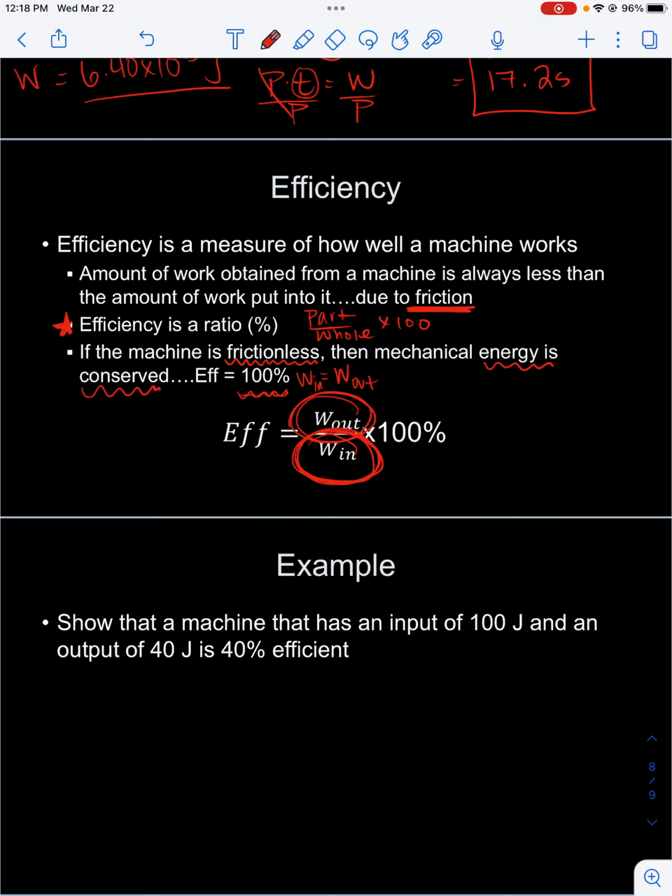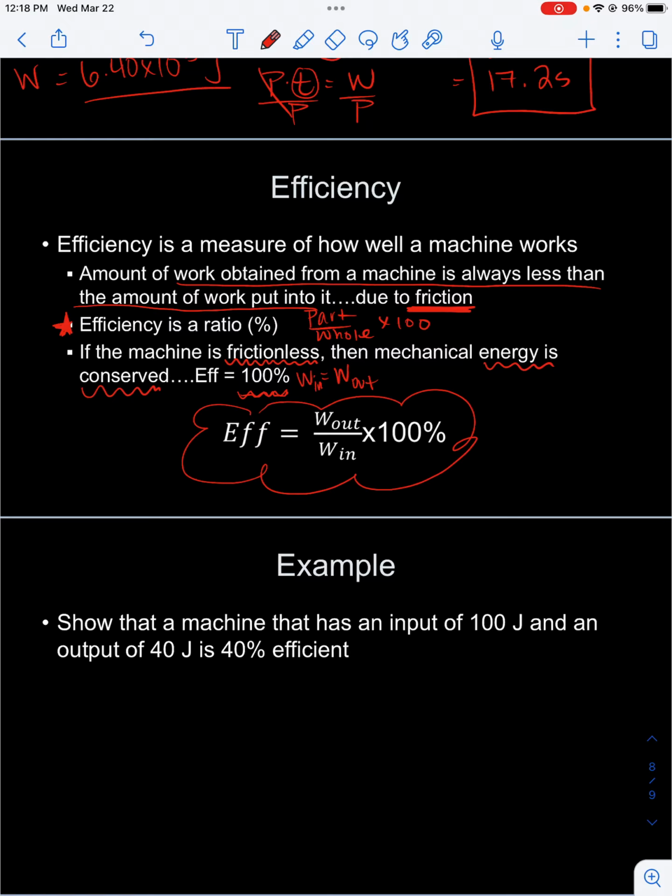The part is going to be the amount of work that we get out of it, because our work out is always going to be less than our input work. So that's what this says: because of friction, our work output is always less than the amount of work input. So that's going to give us this equation. Our efficiency is work out over work in times 100.